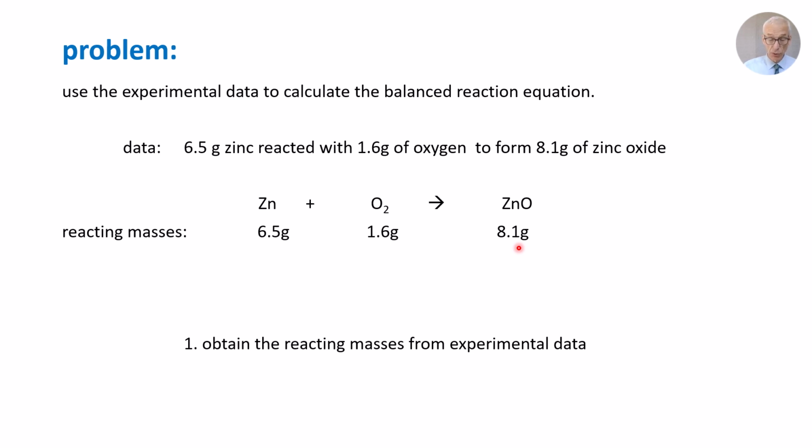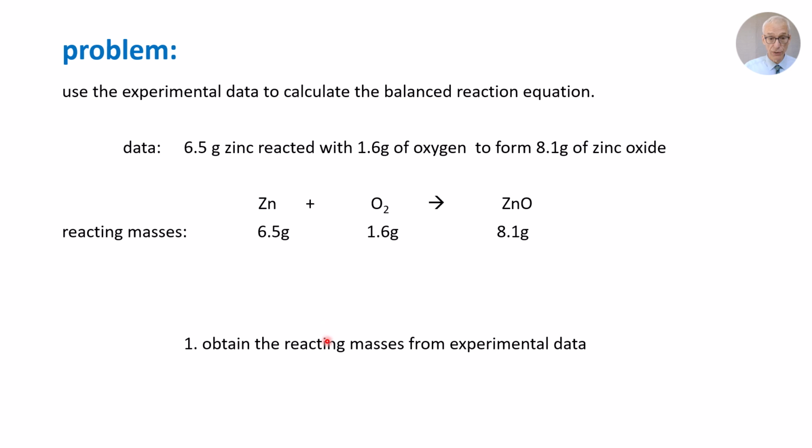From this starting point, can you calculate the reacting mole ratio and therefore produce the balanced chemical equation? Stop the lesson, carry out the process, come back to check when you are ready.